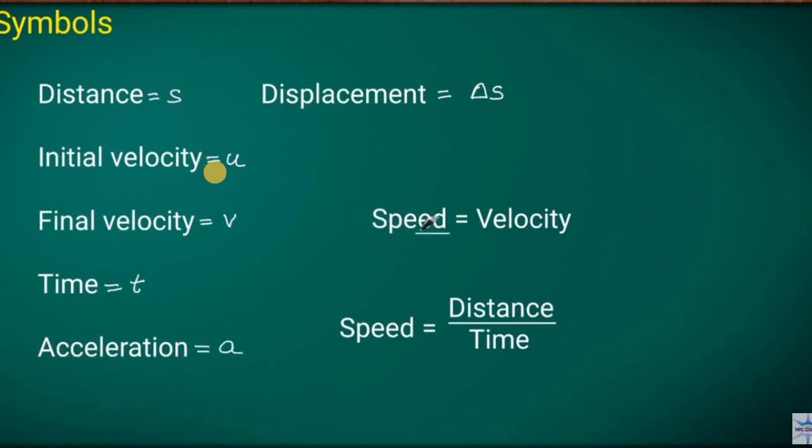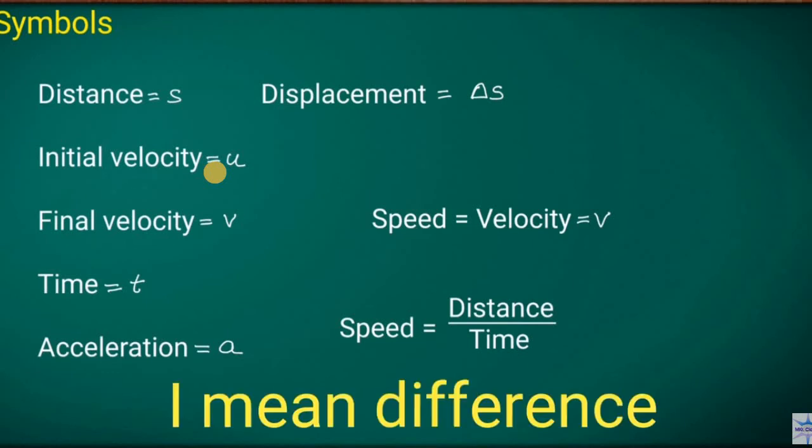Acceleration, also one kind of physical quantity, is denoted by small a. Now speed and velocity we consider in both cases. Speed we can denote by v, and velocity is also denoted by v, but here the v is a capital.